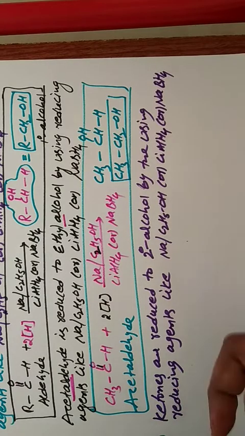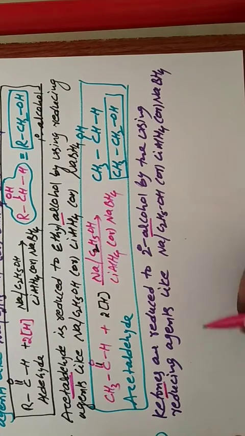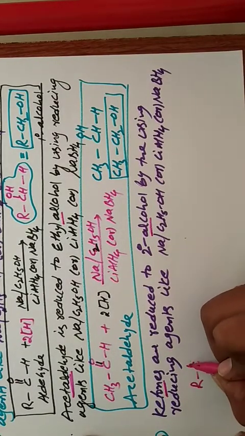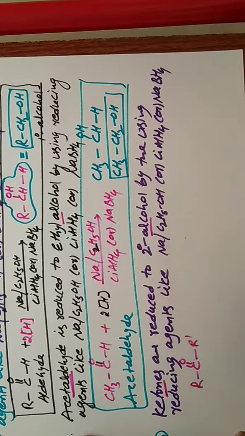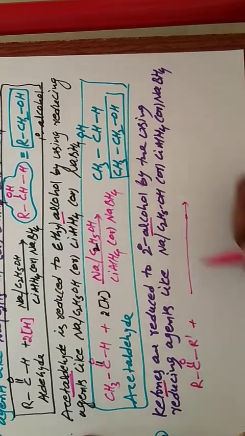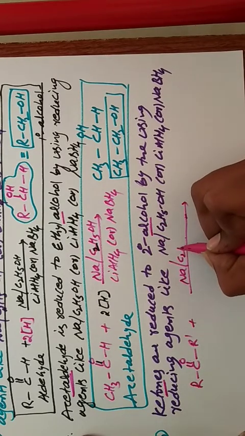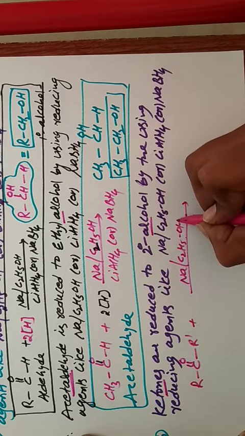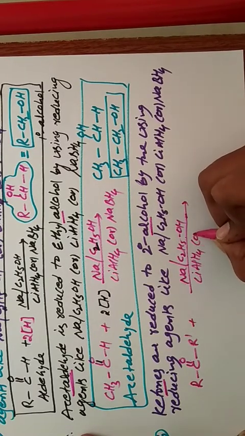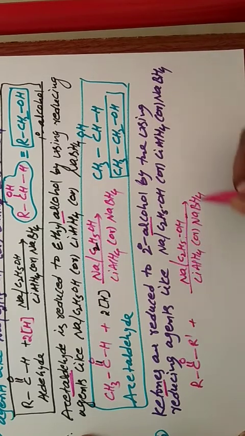How is it possible? Now we discuss. What is the ketone general formula? Same principle. Ketone undergoes reduction by using the same sodium and ethyl alcohol, LiAlH4, or NaBH4. Any one of these three reducing agents we use.